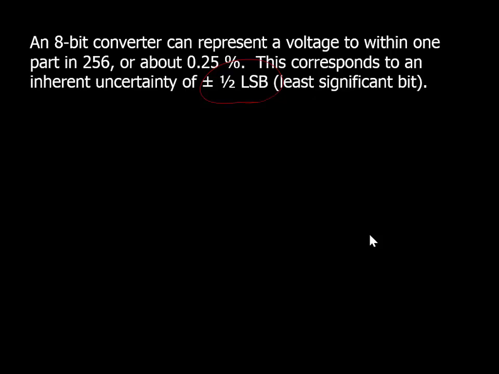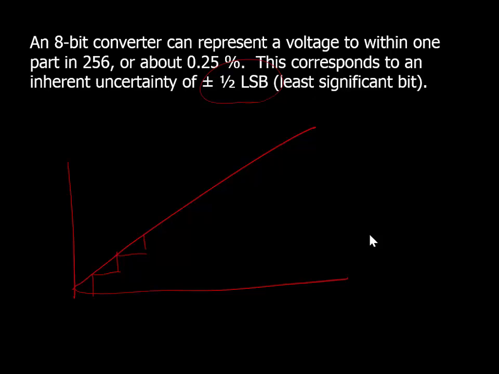Some A to D converters will work this way. Here's your analog signal. And some will look like this, which means our maximum error is one least significant bit. Others will operate this way, where our maximum error is roughly half.